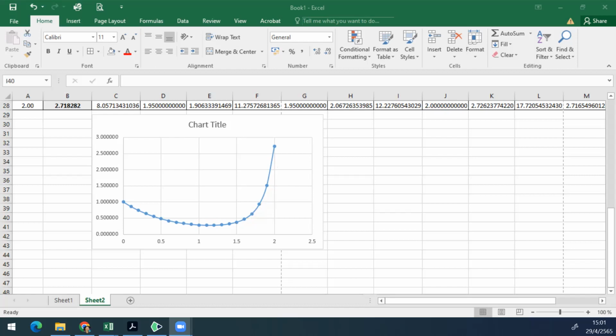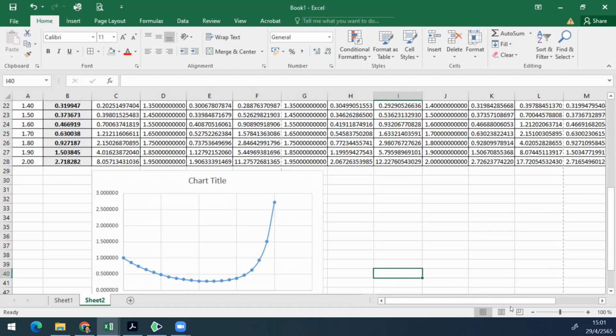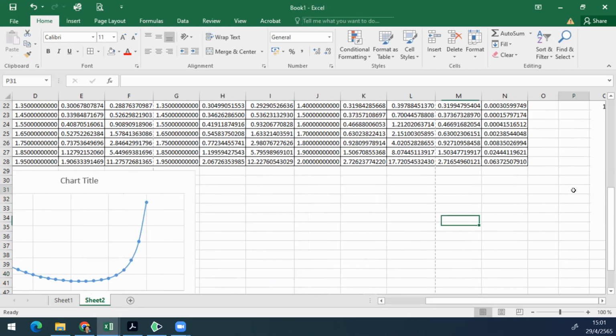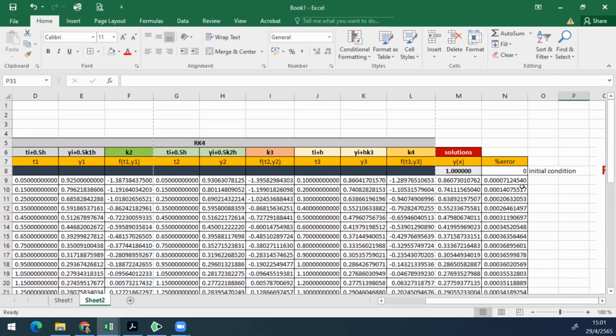That is something we maybe will not cover in our course. But for this case, you will see that if we subdivide the step size, the error is reduced and it's better.